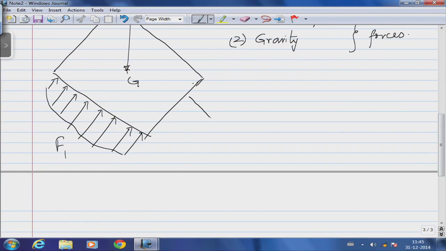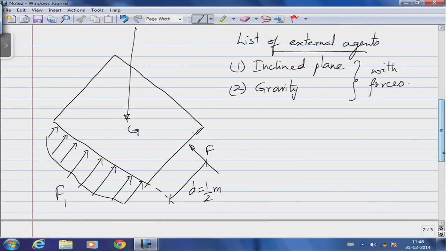There is the force that I need to compute, F, and that is acting at distance d equal to half a meter, and the other force I will indicate as F2, which is due to gravity, is going to act vertically, and that is 10 times g newtons. 10 is the mass.